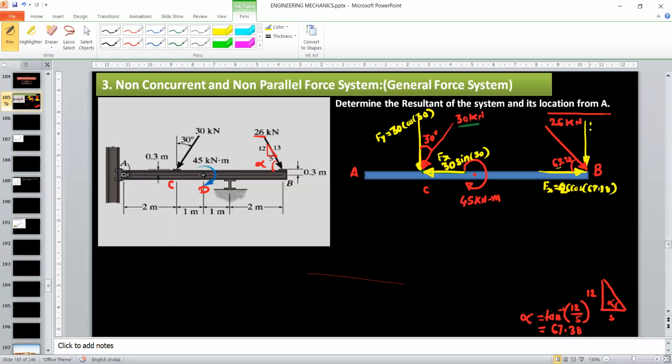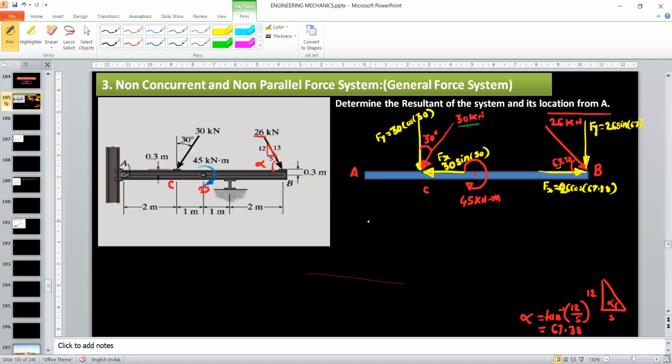The Y component is the opposite component, so it is equal to 26 sine 67.38. Okay, so this is the resolution. Now the 45 kilonewton meter is the moment, so we keep it as it is.